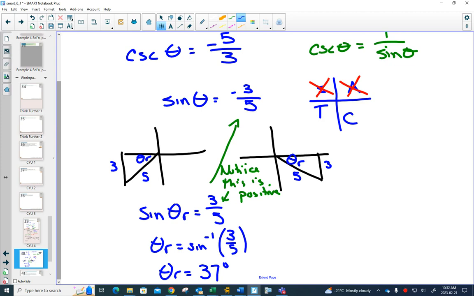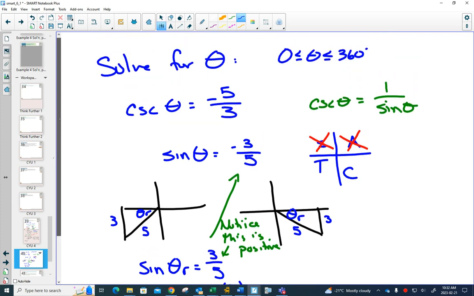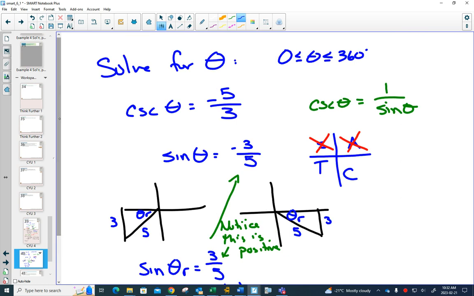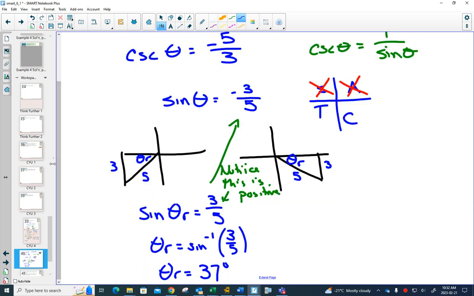So I now know that that reference angle is 37 degrees. I'm only looking from 0 to 360, so I'm only looking in the positive direction. I'll draw them in green in standard position. That's starting from here. This would be one answer, and this would be the other answer.